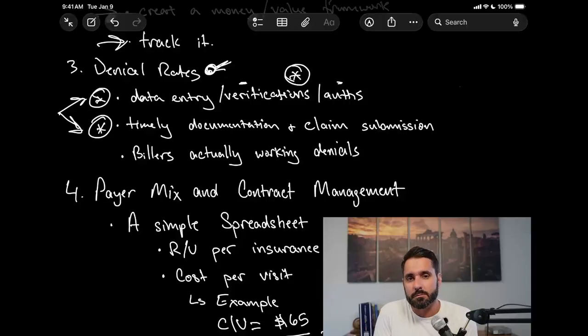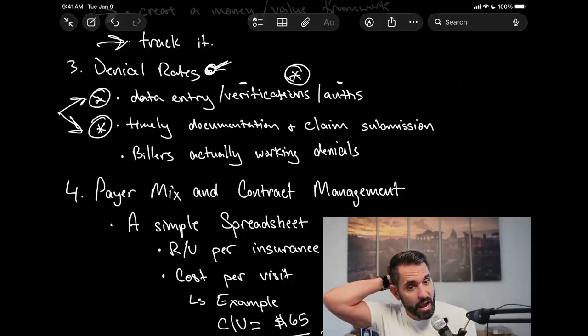Having those systems in place will drive denial rates down so that we can speed up collections, which will ultimately improve our average reimbursement per visit.